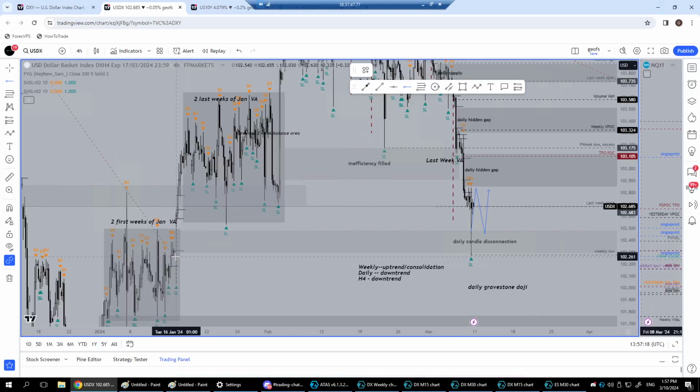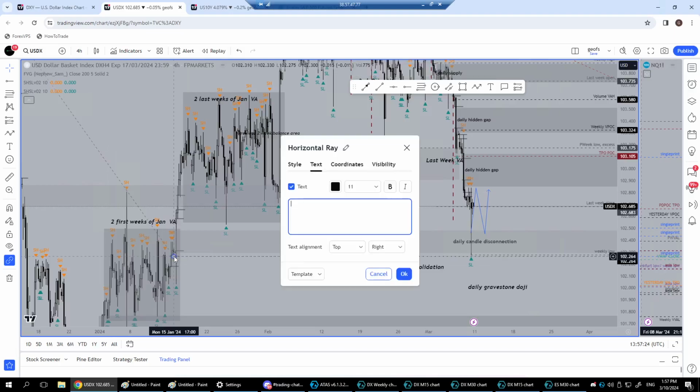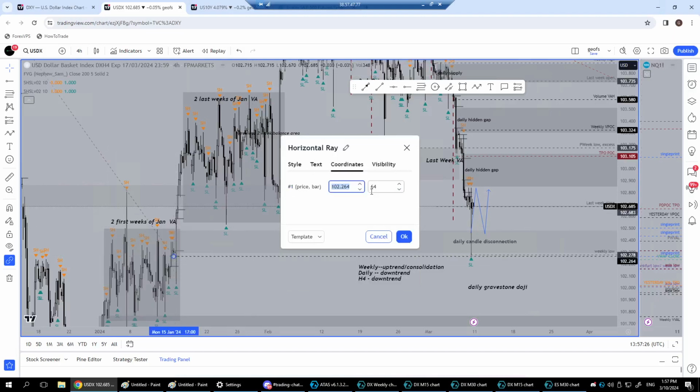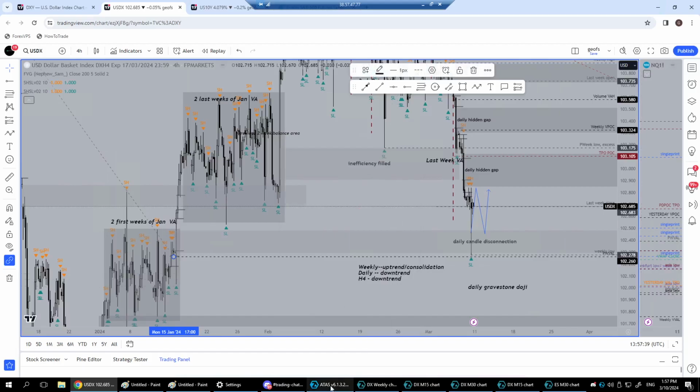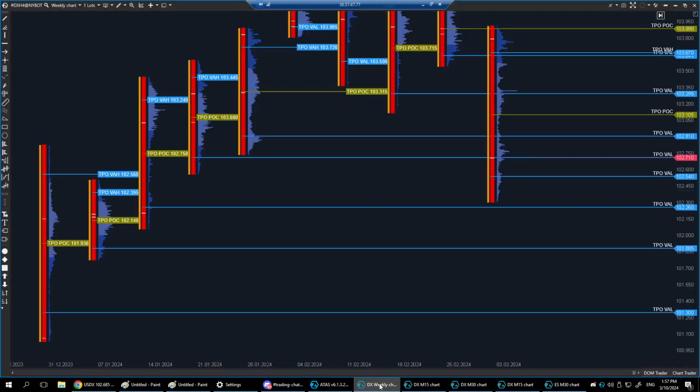So we're going to be rolling over to the June contract probably Monday, okay? For ES, so you're going to have to update all your symbols. 102,140.